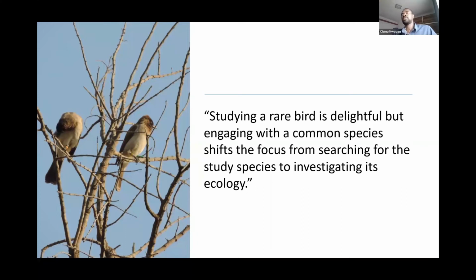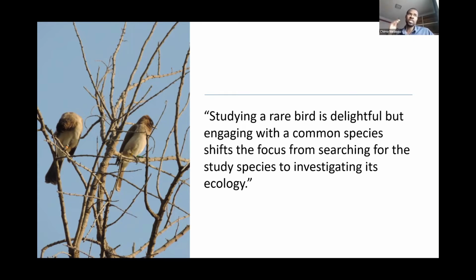When I started working on the common bulbul, so many people were surprised: why the common bulbul, what is interesting about it? But what's interesting is that you find it everywhere. They breed throughout the annual cycle, and you can get a good sample size to test really interesting biological questions.